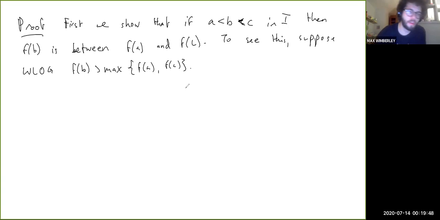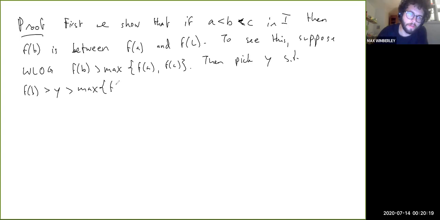So okay, then since f of b is greater than f of a, the intermediate value theorem, well, first, sorry, hold on. Then pick y such that f of b is greater than y, greater than the maximum of f of a and f of c.